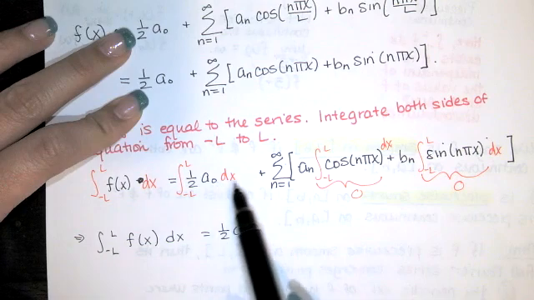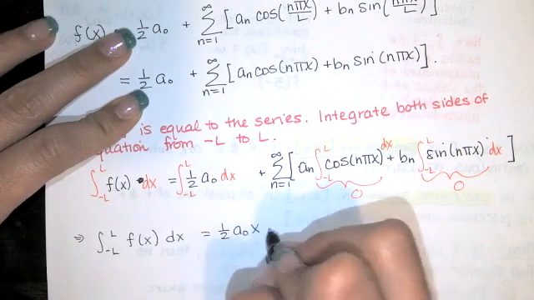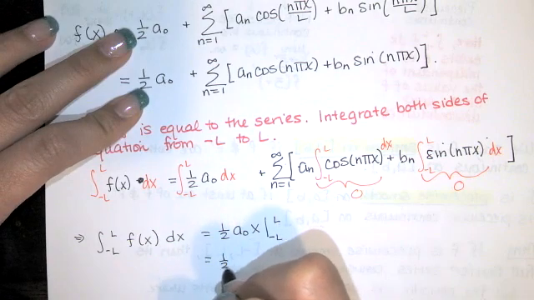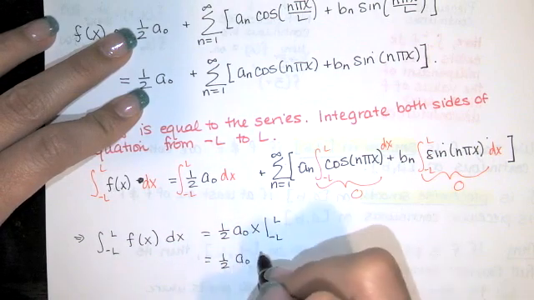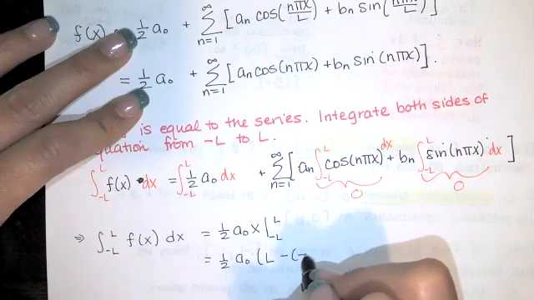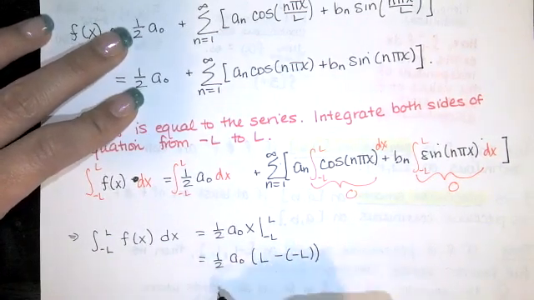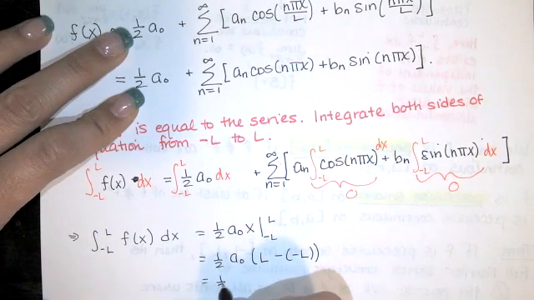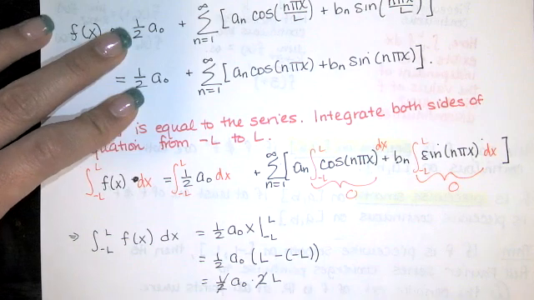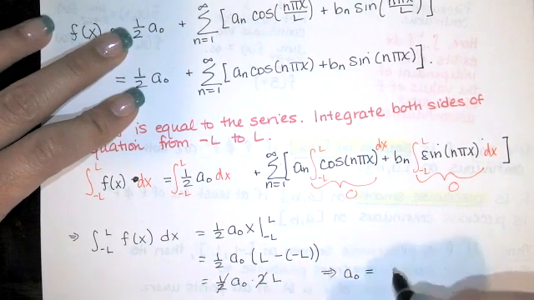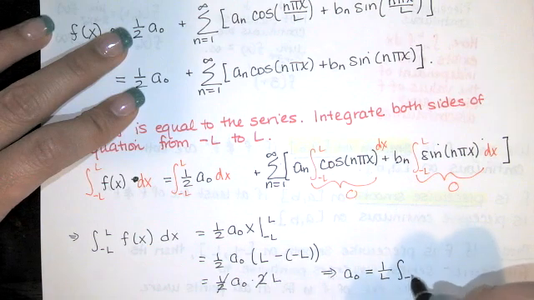Now we're integrating this constant with respect to x, so we'll get x evaluated from negative L to L. Factoring out the constant, substitute in the upper limit, substitute in the lower limit, and subtract. L minus negative L is 2L. So I'll have 1/2 times a naught times 2L. The 1/2 and the 2 reduce. And so we get a naught is 1 over L times the integral from negative L to L of f of x.